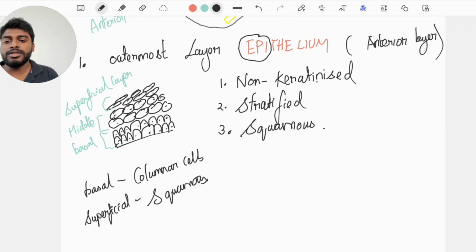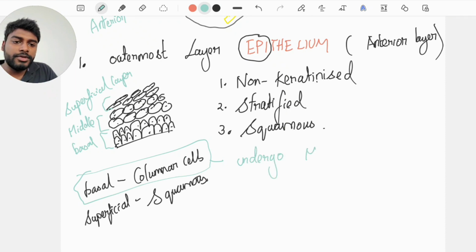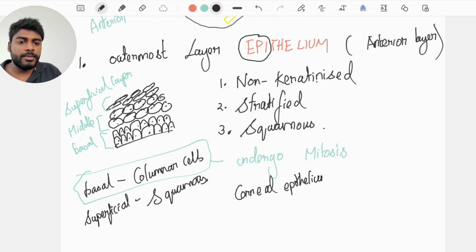What you need to remember about the basal layer is that it can undergo mitosis. What do we know about mitosis? Cells can divide into a number of cells. What is the use of this? We can say that the corneal epithelium can regenerate.